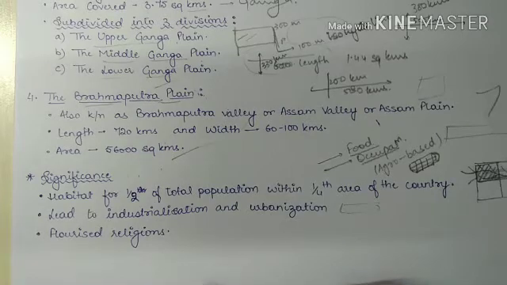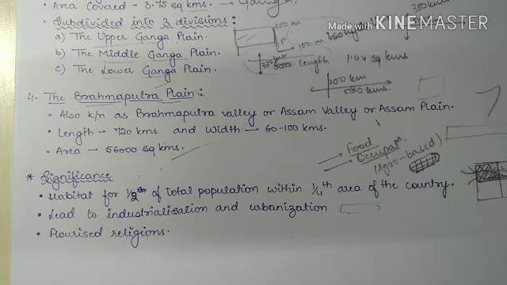In short, we can say this region is a vast plain which supports an even more vast population of the country. It provides them with food, shelter, occupation, and along with it, we have religious connection with these areas also.